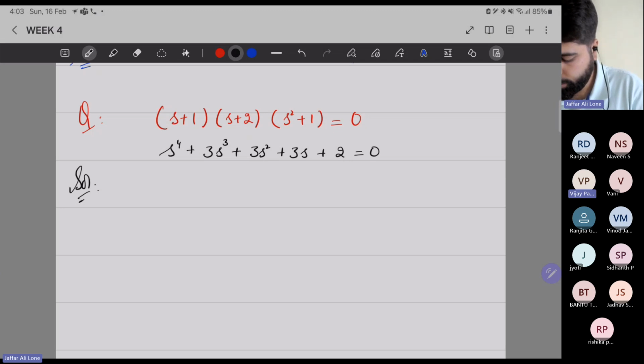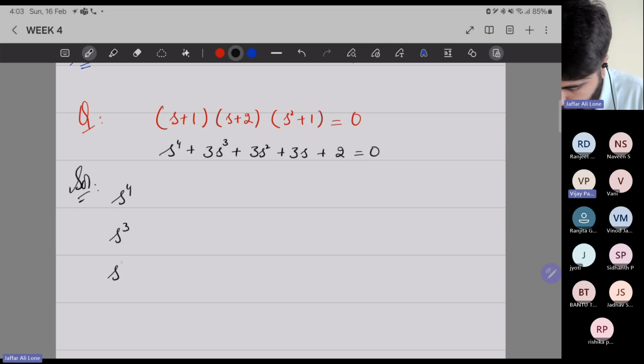Is this the correct equation which I've written? Yes, same equation.